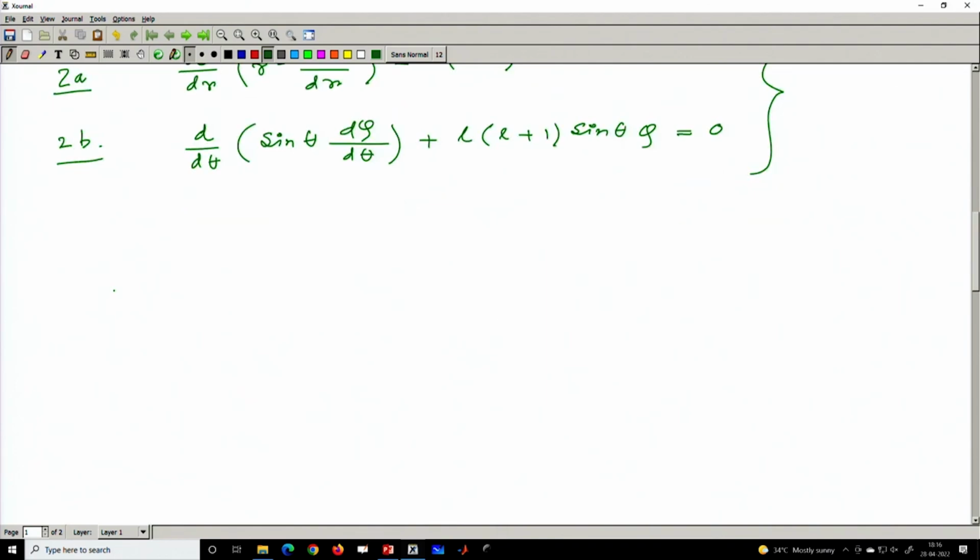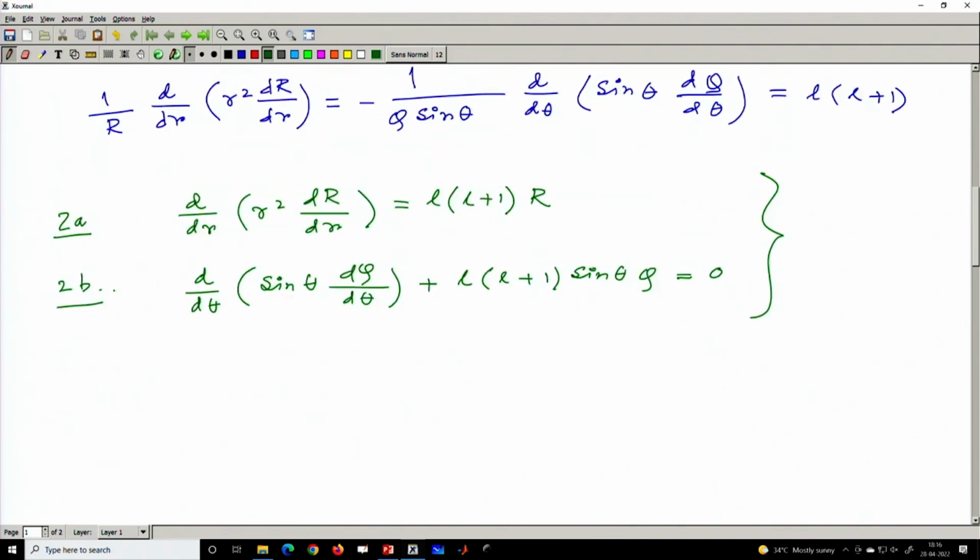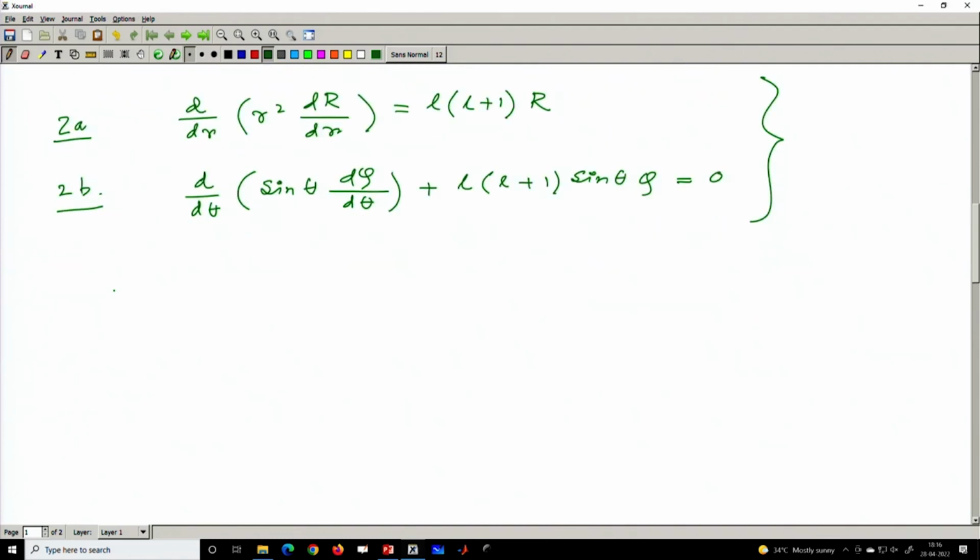Now, the general solution of 2a one can find, and this is for your check.